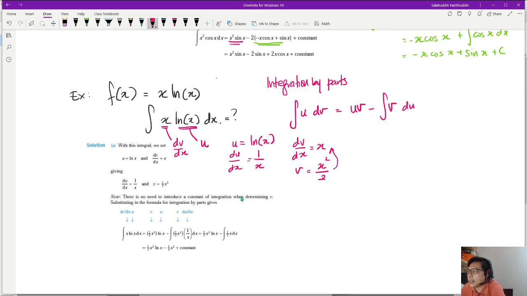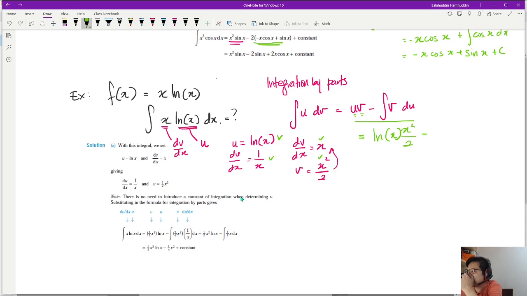So I know all this now, and I can just plug in. What is u? u is natural log of x. What is v? v is x squared over 2.